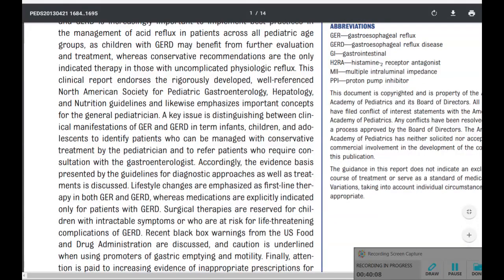A key issue in distinguishing between clinical manifestations of GER and GERD in term infants, children, and adolescents is to identify patients who can be managed with conservative treatments by the pediatrician and to refer patients who require consultation with the gastroenterologist.